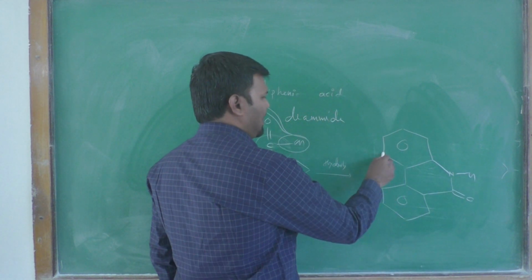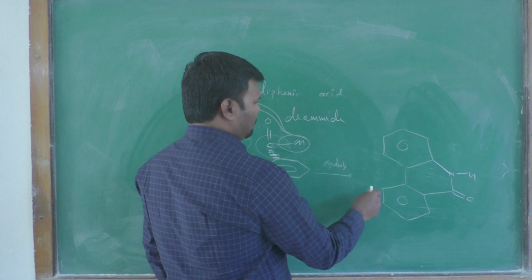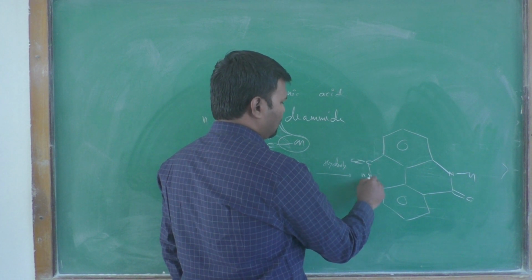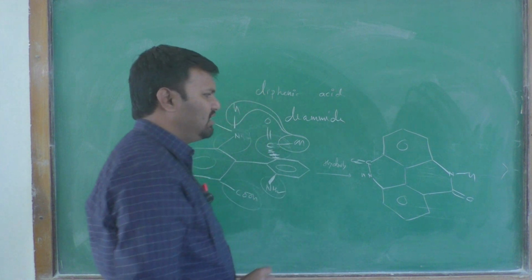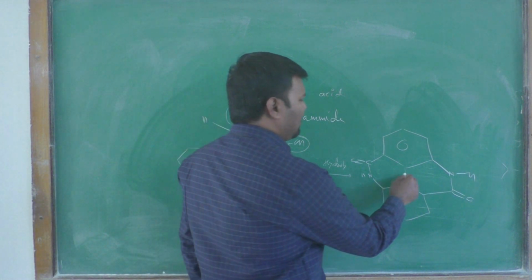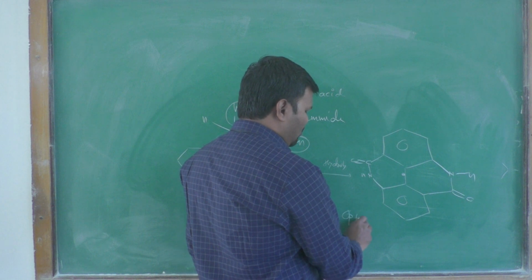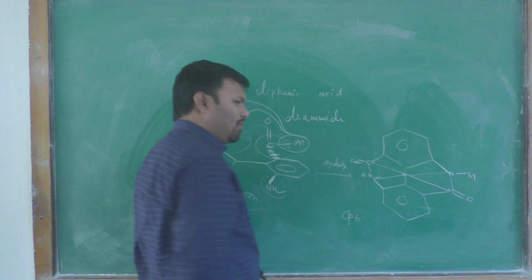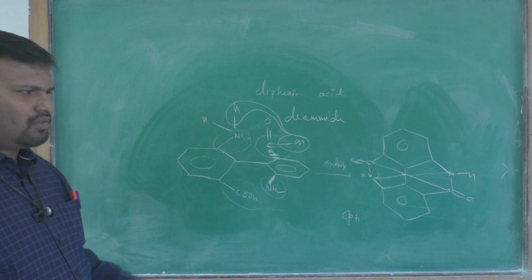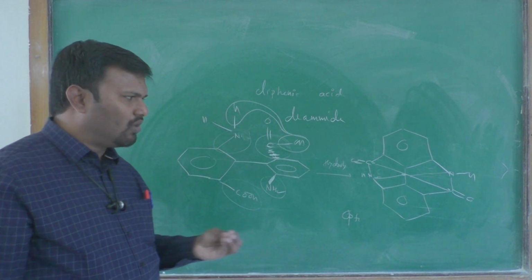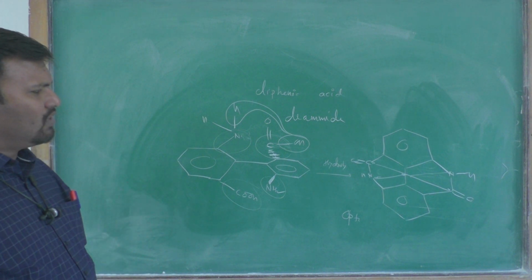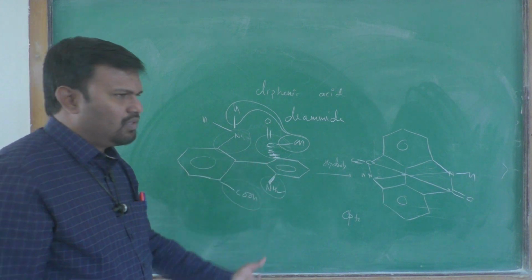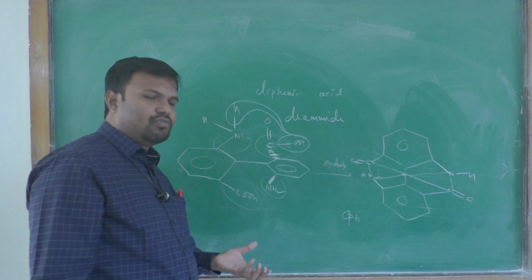Okay, we have obtained the lactam. This lactam is not optically active because it has a center of inversion, or center of symmetry. Therefore, after removing H2O from this molecule, you will obtain the lactam type of compound.